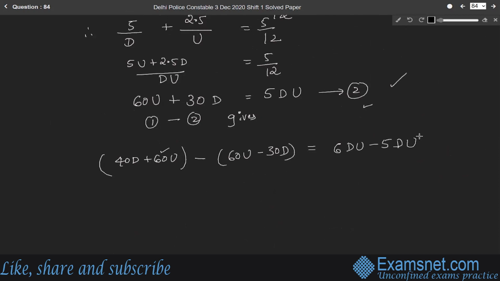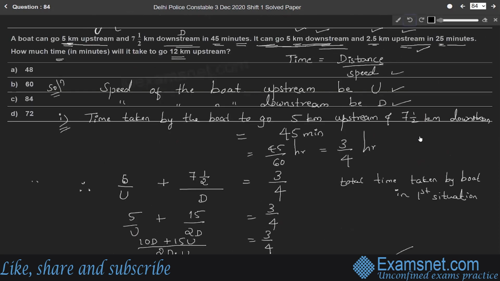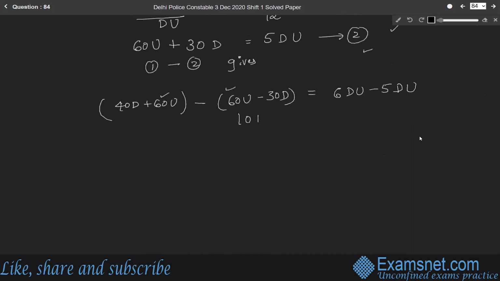Therefore, 60u will get cancelled. So 10d is equal to du. Here we can cancel d and d.